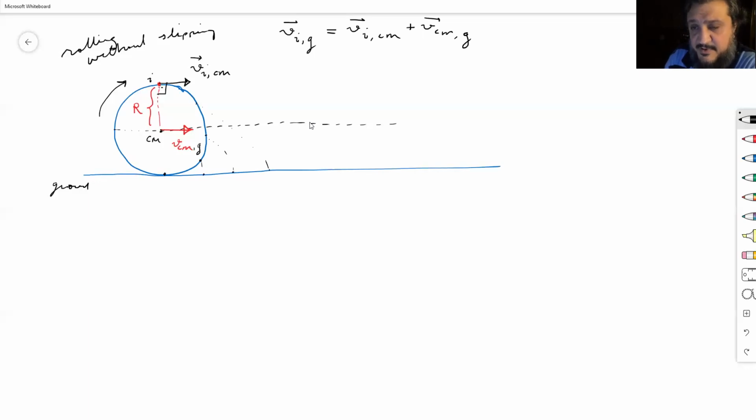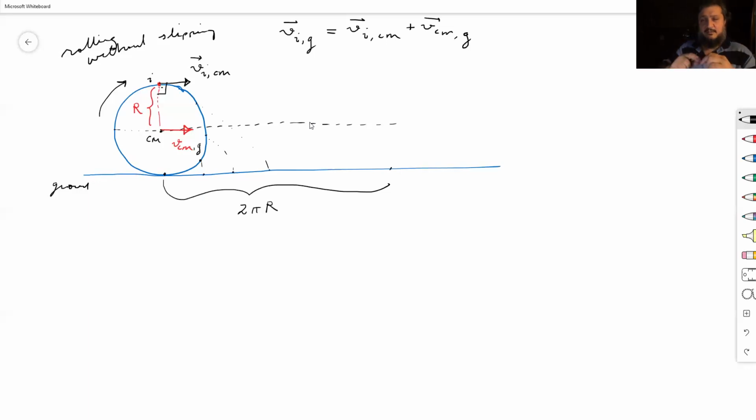Once it completes one cycle, which corresponds to 2 pi radians in terms of rotation, if it's rolling without slipping, the center of mass will move a distance equal to 2 pi times r, right?